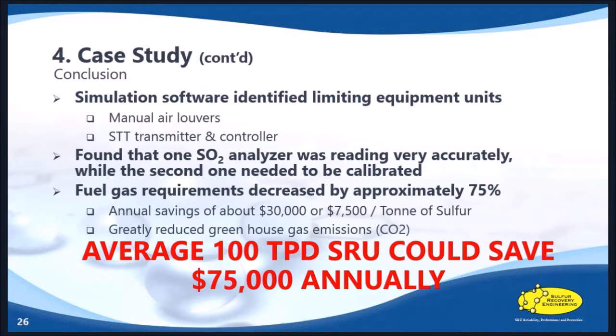The fuel gas requirement decreased by almost 75%. That's a huge saving. The annual saving could be $30,000, or we can say $7,500 per ton of sulfur. And if we extrapolate these results for a typical 100 tons per day SRU, it could save about $75,000 annually.